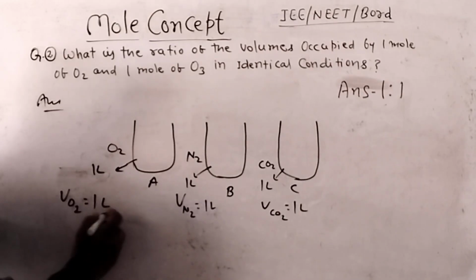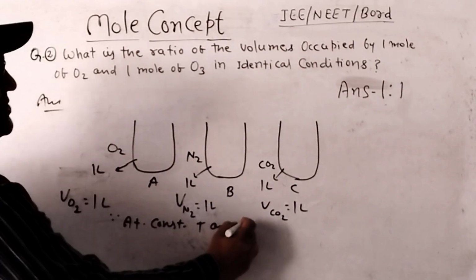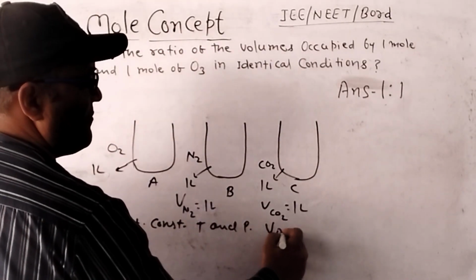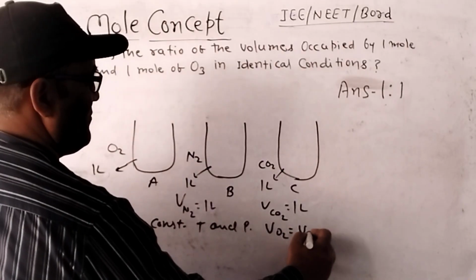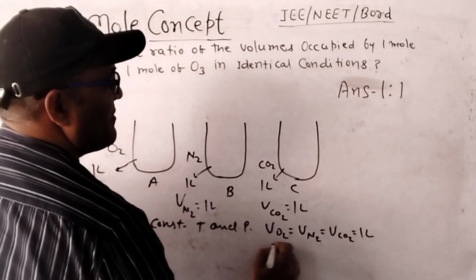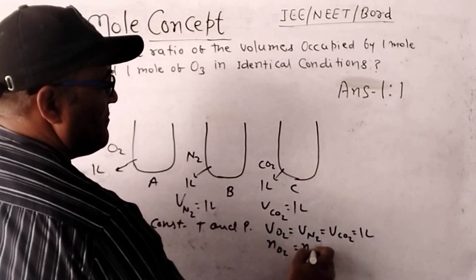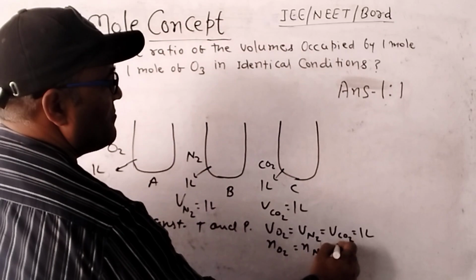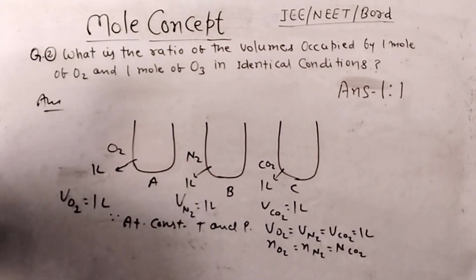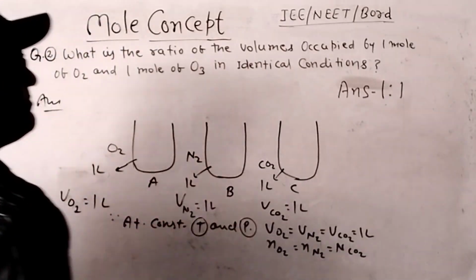Now at constant temperature and pressure, we can observe here the volume of O2 is equal to the volume of N2 is equal to the volume of CO2, equal to 1 liter. So the number of moles of O2 is equal to the number of moles of N2 is equal to the number of moles of CO2 at constant temperature and pressure.